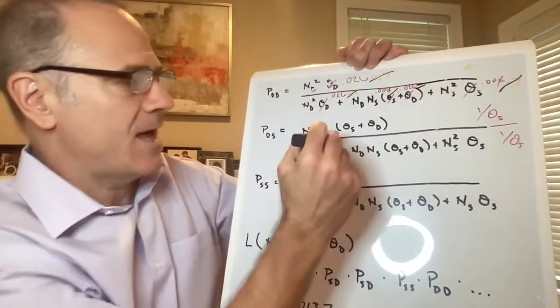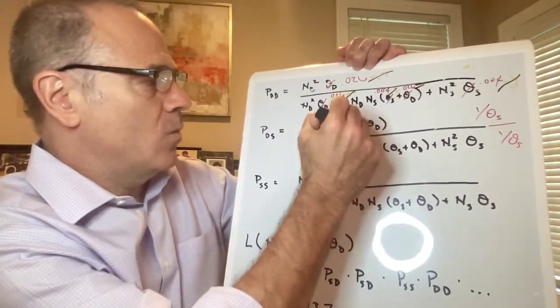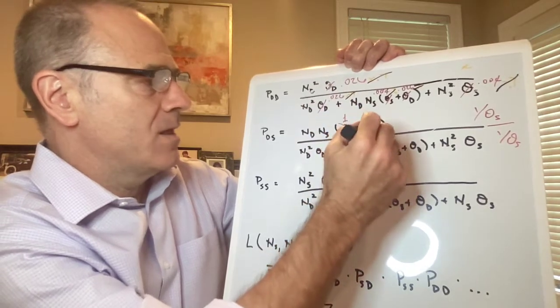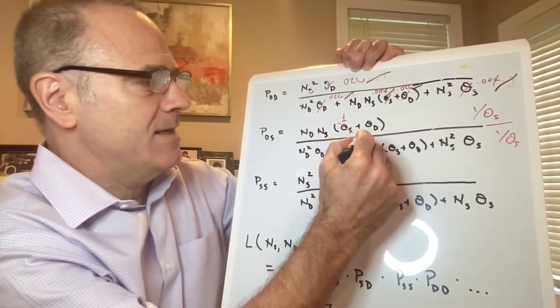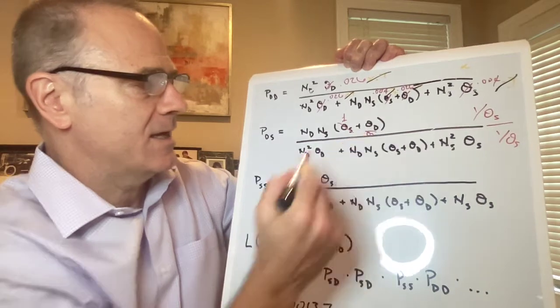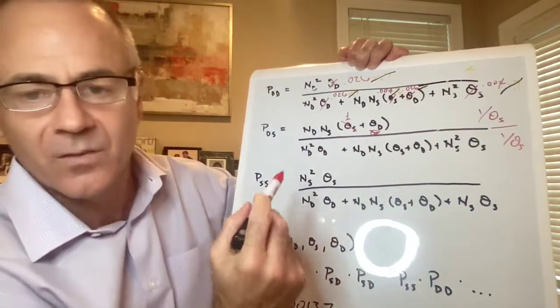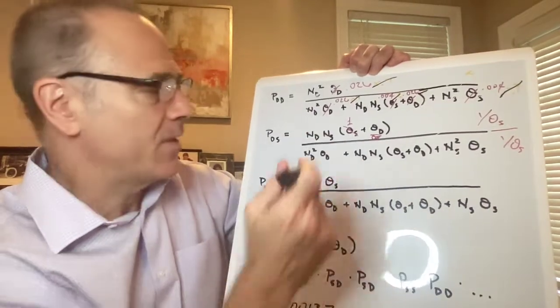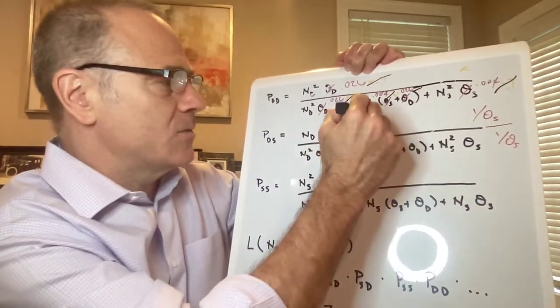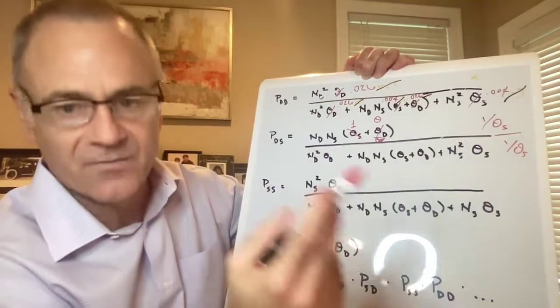Once you do that, you get a 1 here. You get a theta D divided by theta S. Sorry, I can't write very well. Theta D divided by theta S, that just equals theta by their definition.